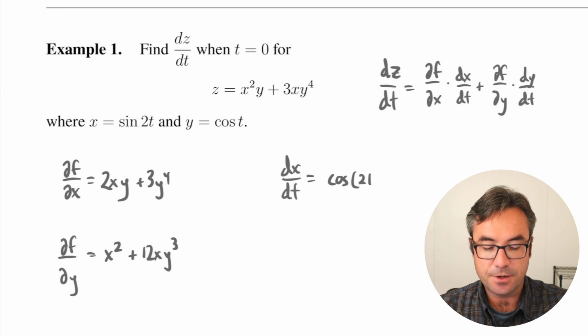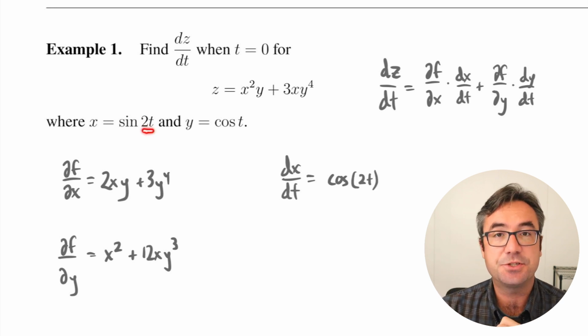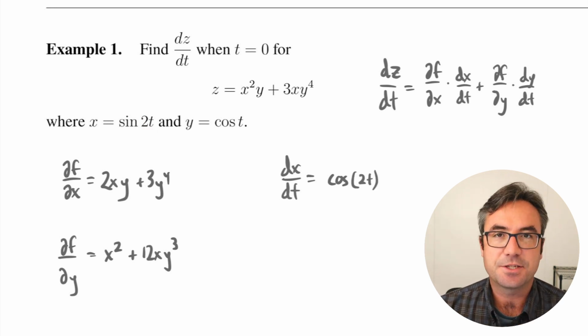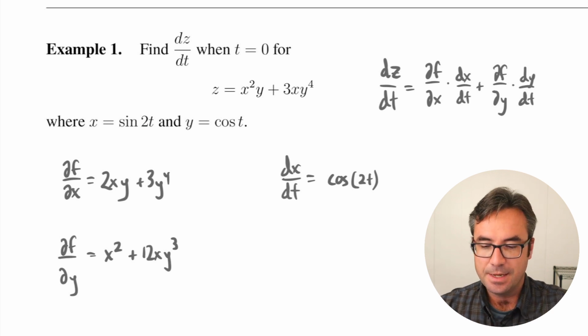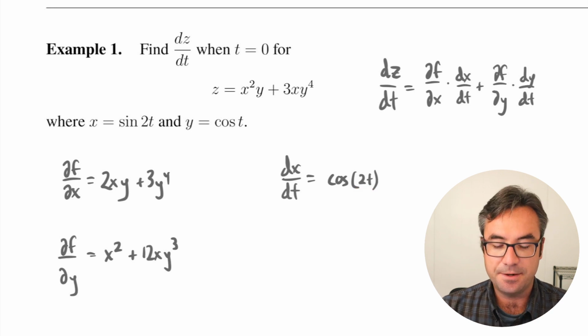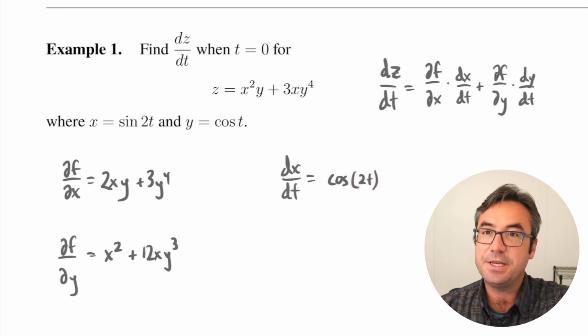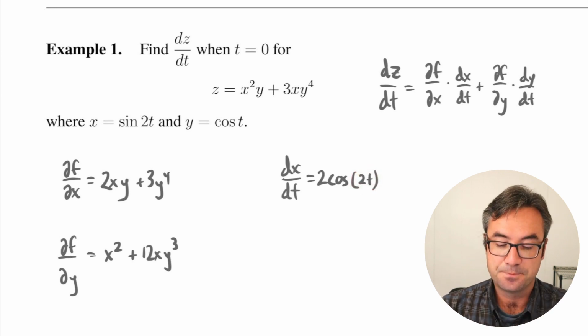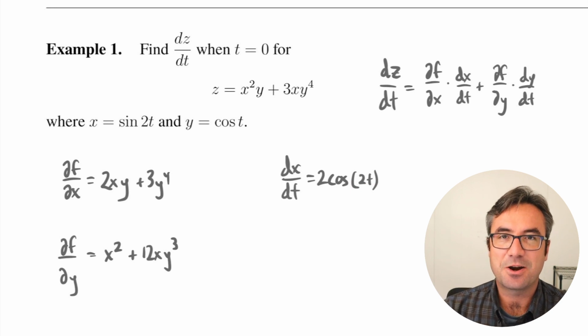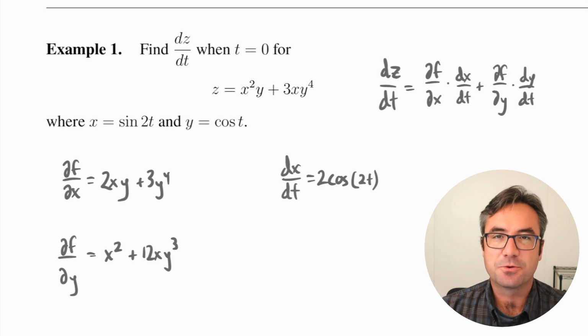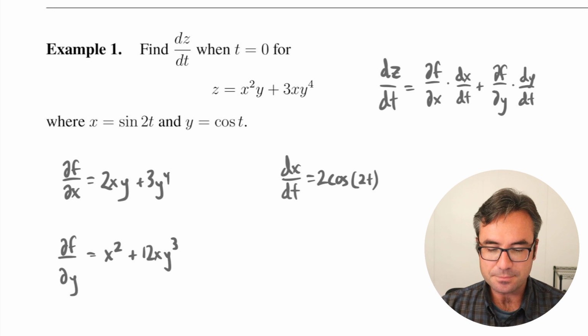We keep the inner function exactly the same, so it stays 2t here. Classic chain rule again. And we have to then multiply by the derivative of what's inside. So the derivative of 2t is 2. So our calc 1 chain rule rears its head again.